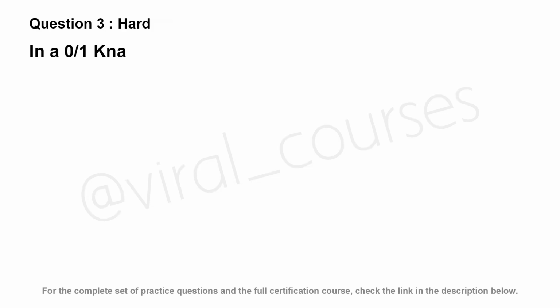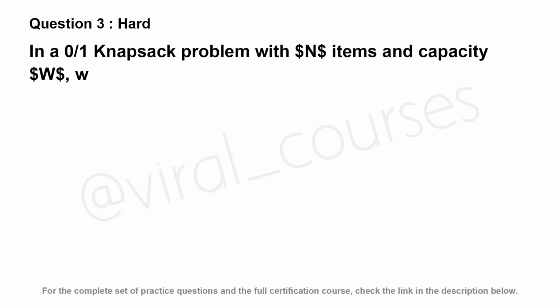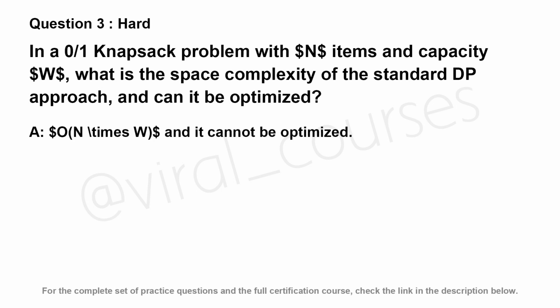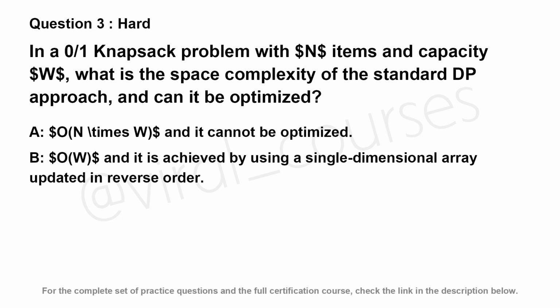In a 0/1 knapsack problem with n items and capacity W, what is the space complexity of the standard DP approach? And can it be optimized? Option A, O(n times W), and it cannot be optimized. Option B, O(W), and it is achieved by using a single-dimensional array updated in reverse order.